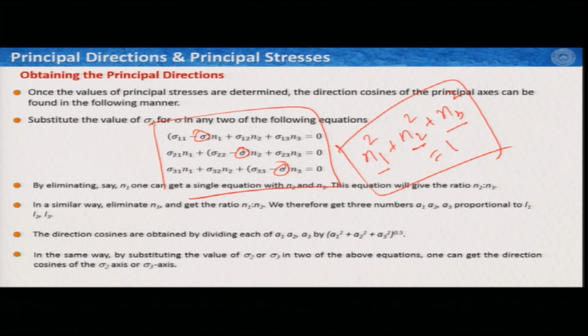I am not going into the detail of this, you can read it. It is better if you take any stress matrix, a stress tensor, and try to deform it or rotate it, and then figure out what the invariants, the principal directions and the principal stresses are. You can do these exercises by yourself.